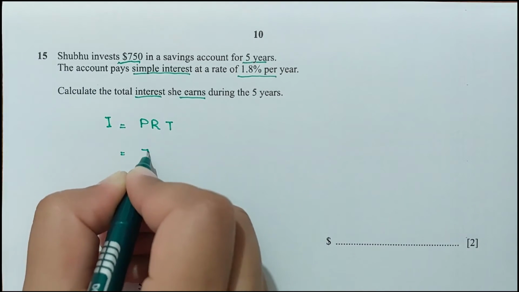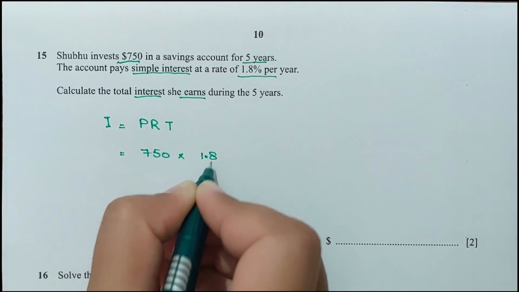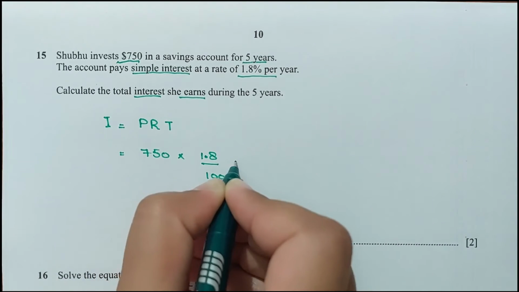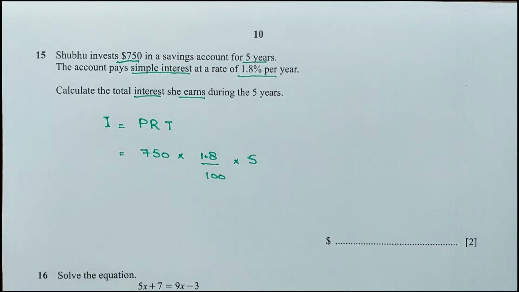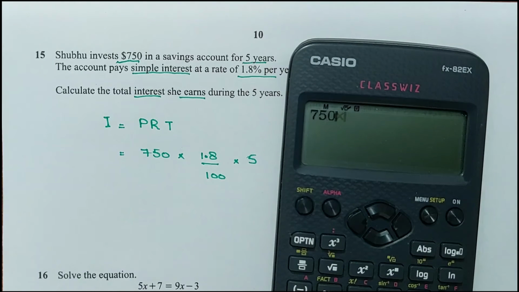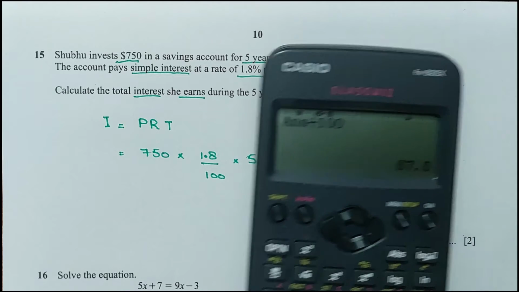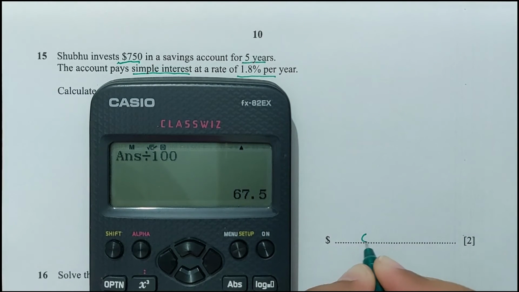P is the investment, that is $750, R is the interest rate 1.8%, and T is the number of years, which is 5. Let me simplify. 750 times 1.8 times 5 divided by 100, that is $67.5, $67.50 we can say.